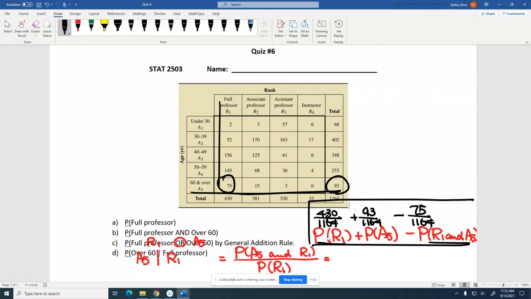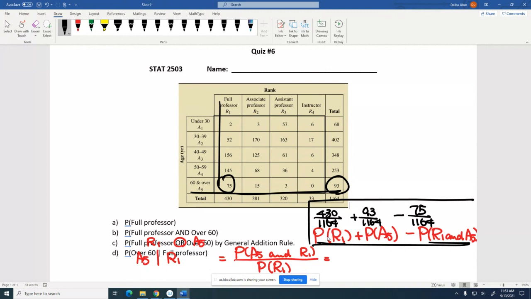This is a conditional probability, the conditional probability of A5 given R1. Using the conditional probability rule, it will be A5 and R1 over the marginal probability of R1.